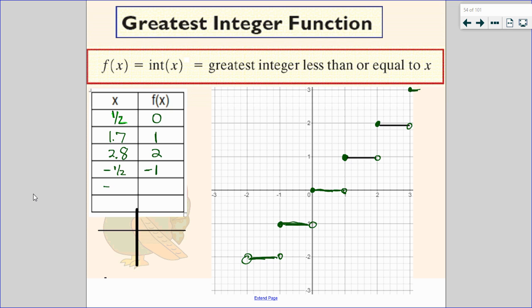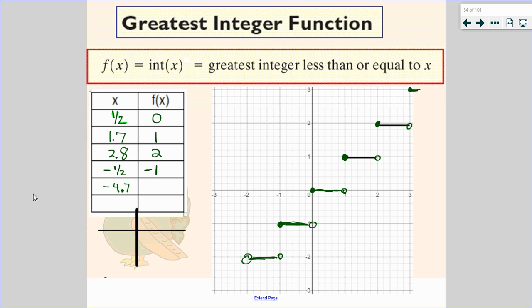How about negative 4.7? What is the integer that is closest to that without going over? Okay, so if you consider all the numbers, the integer as close to 0 without going over is 0. That's going to be true for all 0 points. So 0.1, 0.2, 0.3.